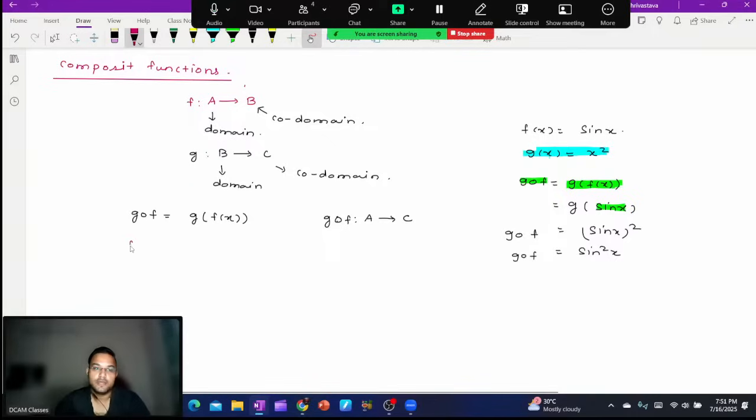In a similar way, you find f circle g. F circle g is f of g of x. And how is it defined? The input values will be of g, and the output value of f.